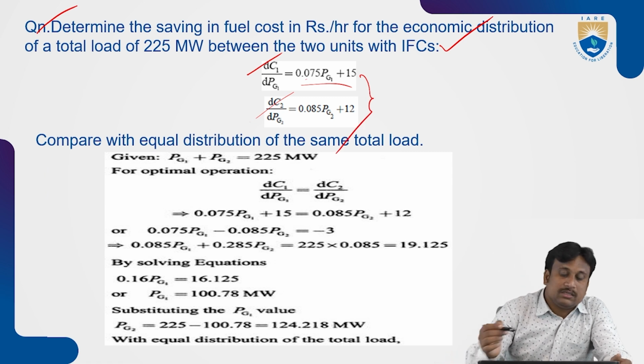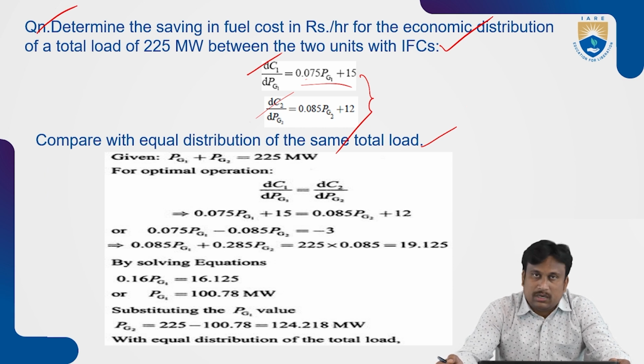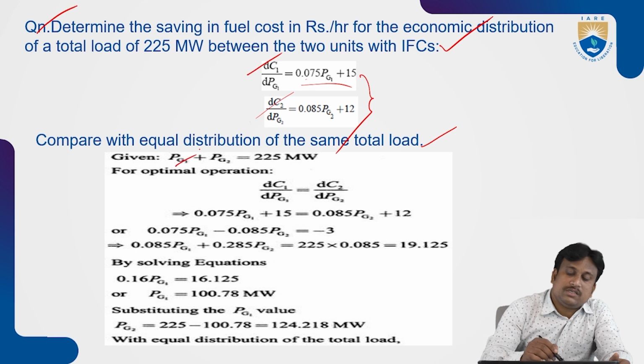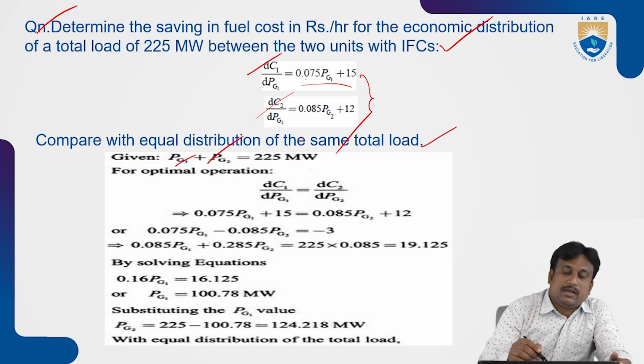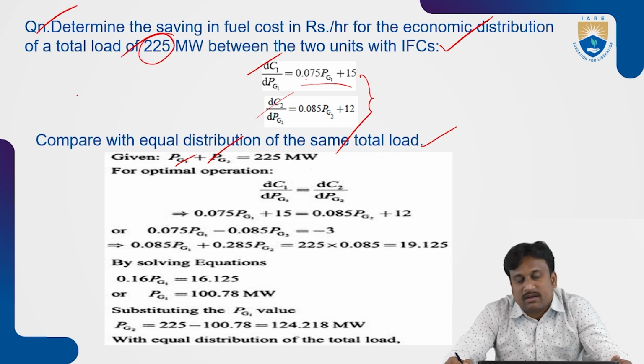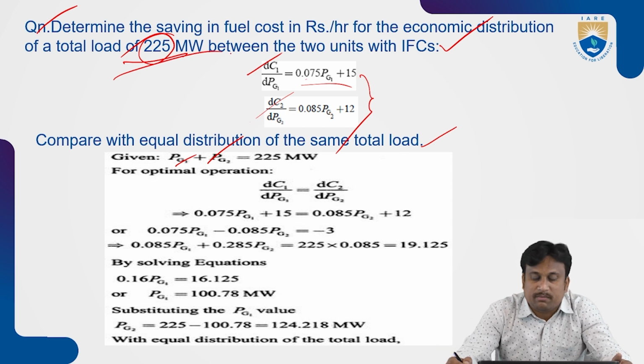With this, compare with the equal distribution of the same total load. The total load is PG1 plus PG2, and when you add these two, it is equivalent to the given total load, 225 megawatts.